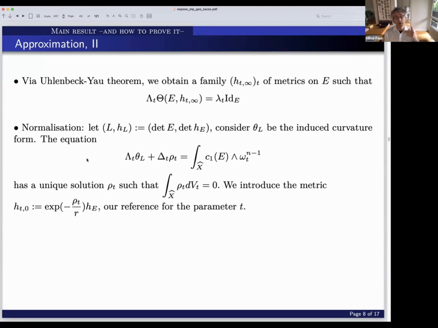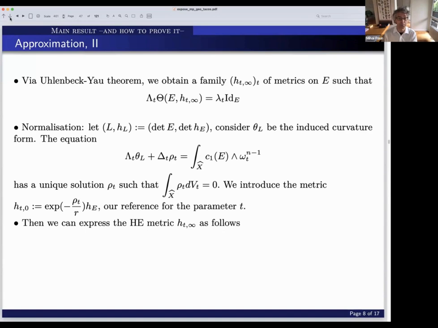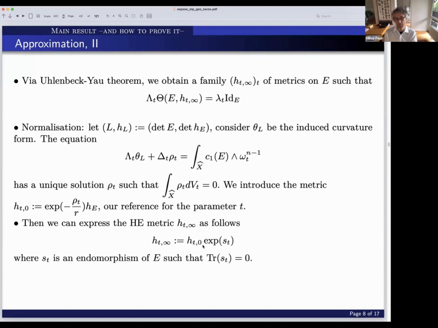If you remember the proof of the result of Uhlenbeck and Yau, you first start by normalizing by saying that, at least for the determinant, the Hermitian-Einstein condition is satisfied, and that's exactly what we do here. Except that in our case, everything depends on t. It's terrible.